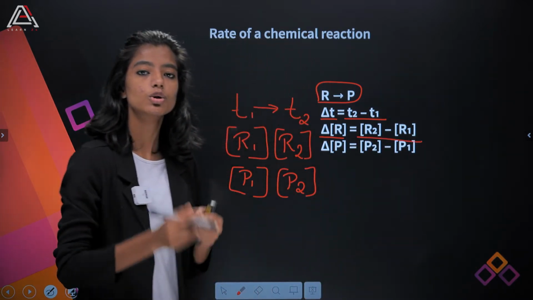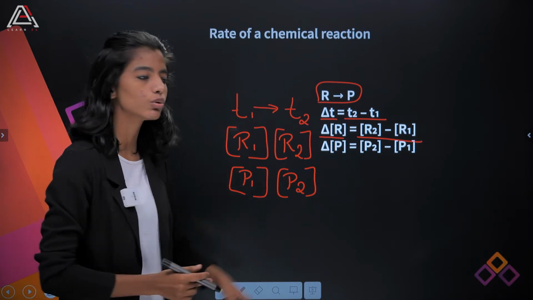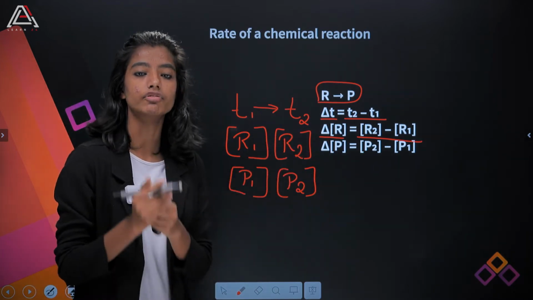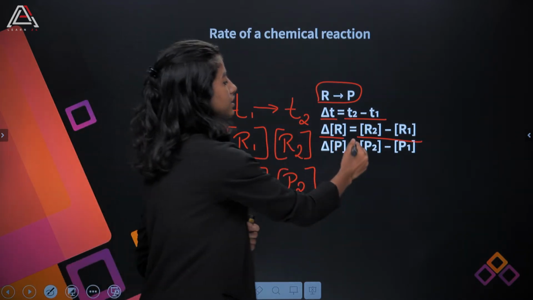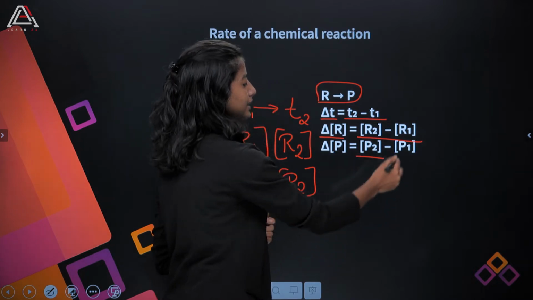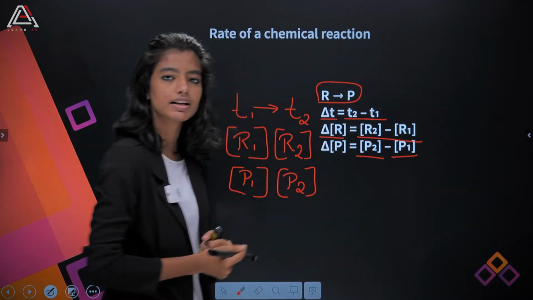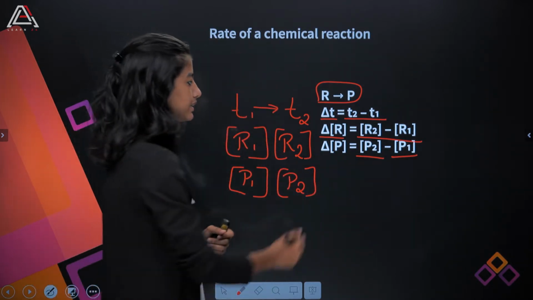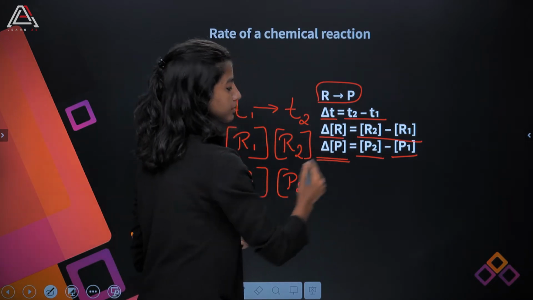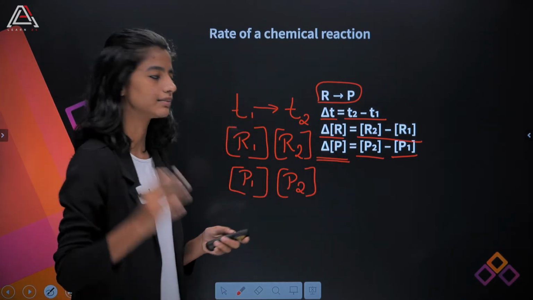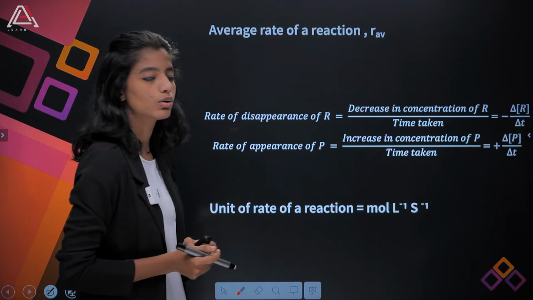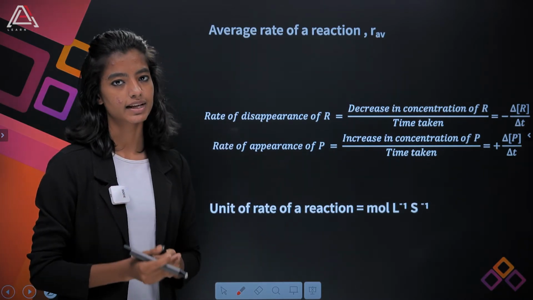And the concentration of P2 minus the concentration of P1 will give you the change in concentration of product. Clear? Yes.